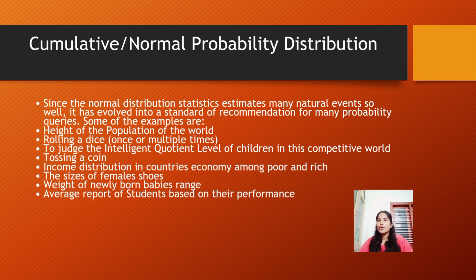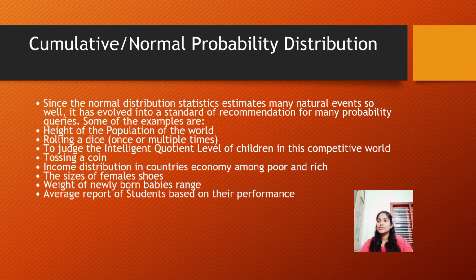Cumulative or normal probability distribution is important since the normal probability statistic estimates many natural events so well. It has evolved into a standard of recommendation for many probability queries.